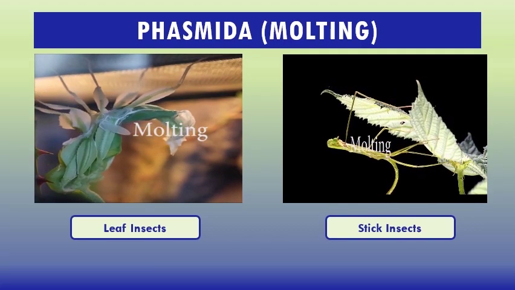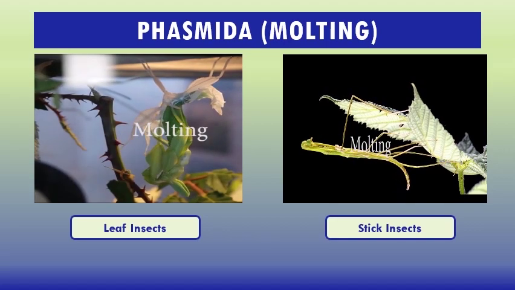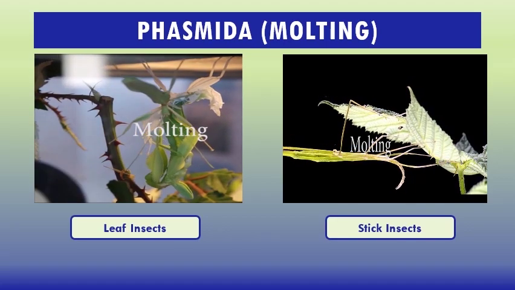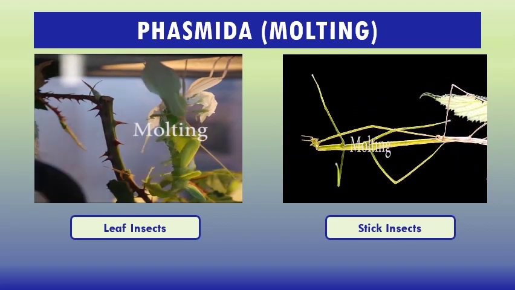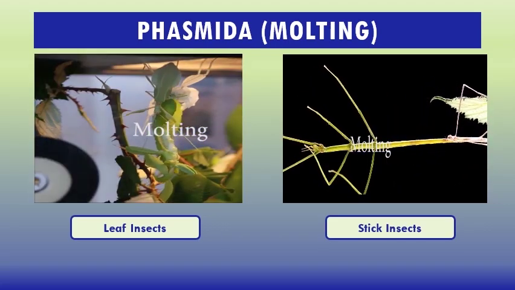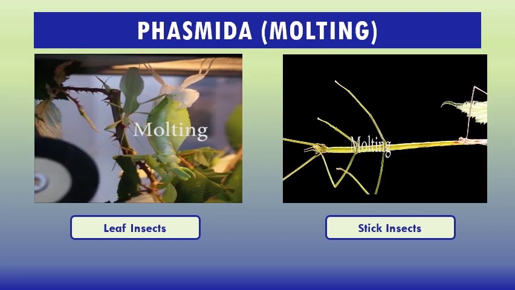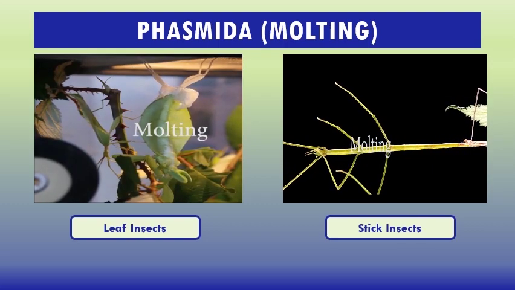Now, molting. Molting is the shedding of the exoskeleton, which is often called its shell, typically to let them grow. This process is called ecdysis.